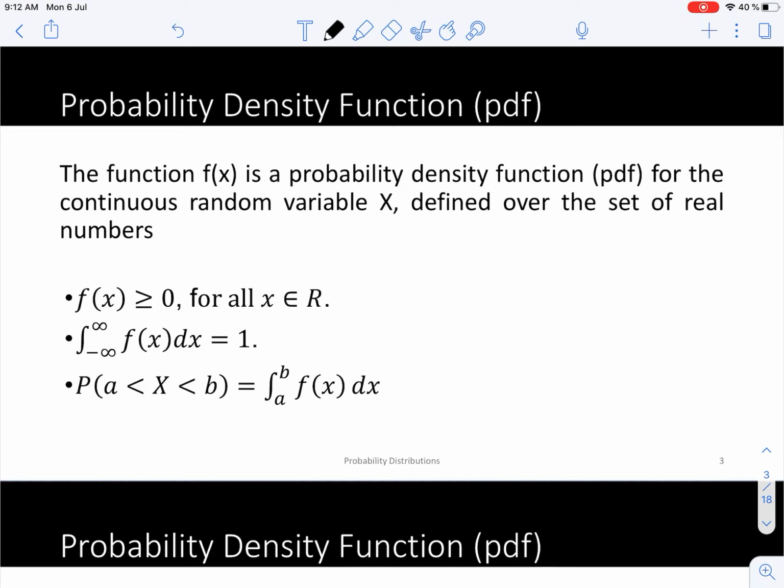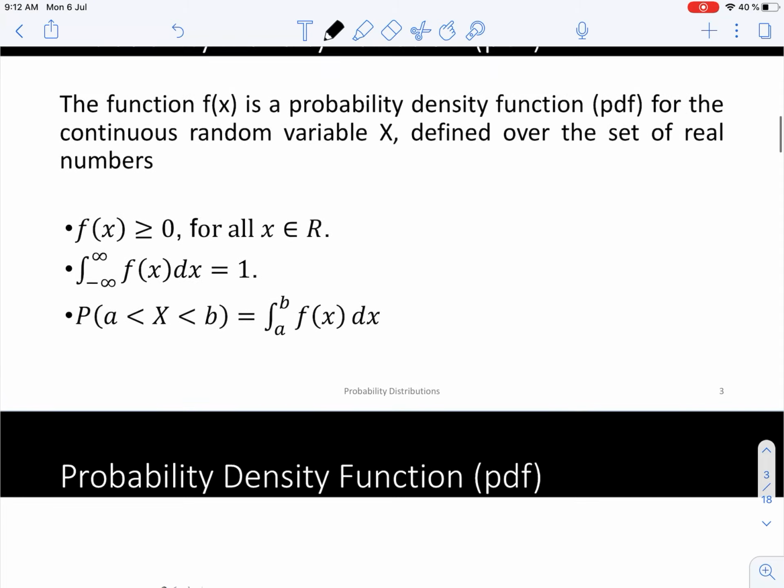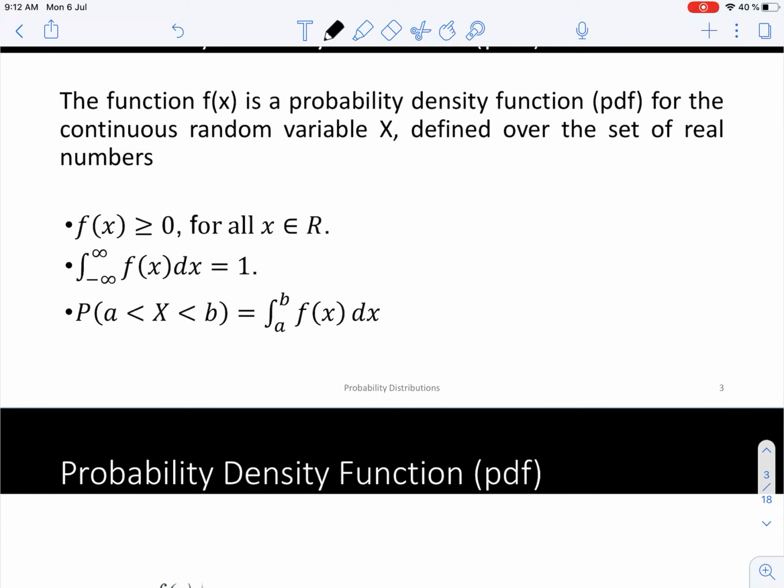Now, in terms of the probability distribution, remember that in the discrete case it was called the probability mass function. Now here we call it the PDF, or probability density function. It has some basic properties. First, the PDF has to be greater than or equal to 0. If we take the integral from minus infinity to infinity of the PDF, it has to be equal to 1.